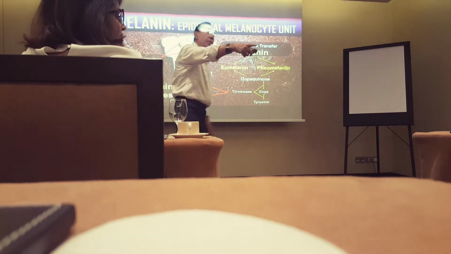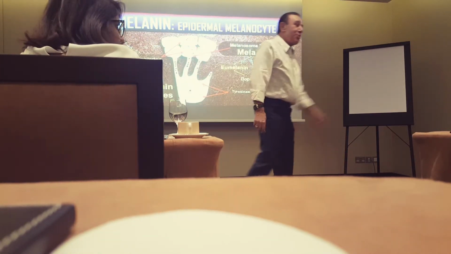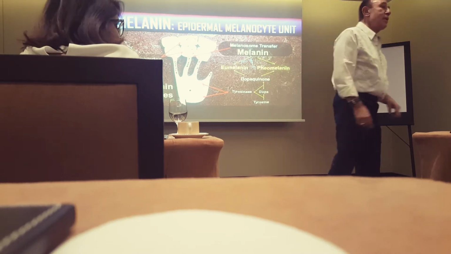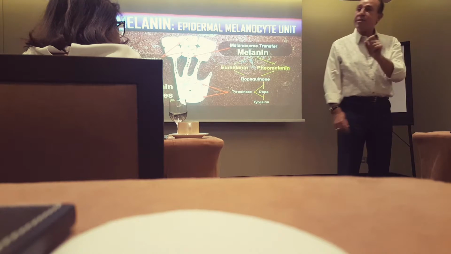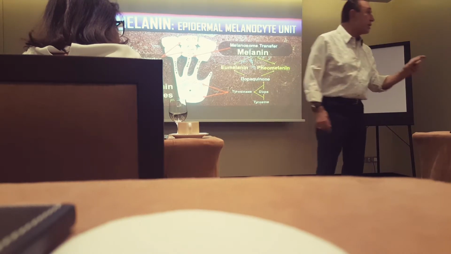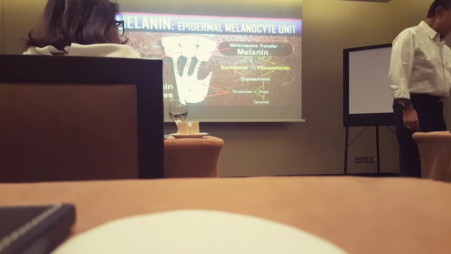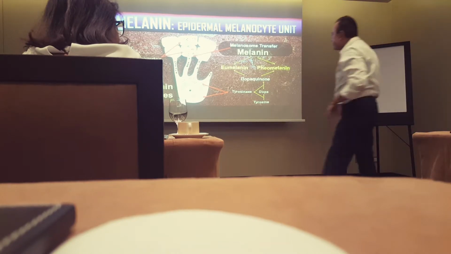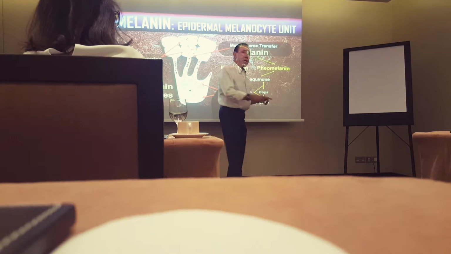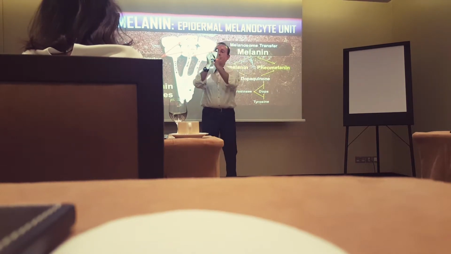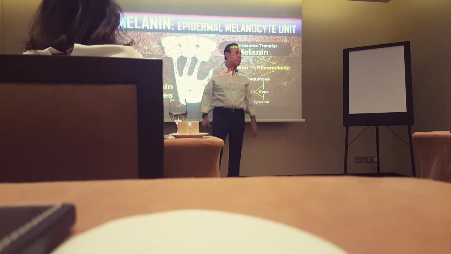You have pheo. You have eu and pheo. Even black people have some pheo, because that's what we see in black people sometimes, basal cell carcinoma. However, when the sun hits the pheo, this melanosome explodes.